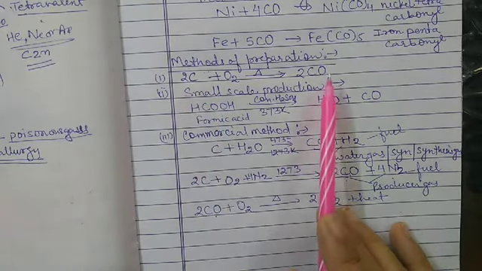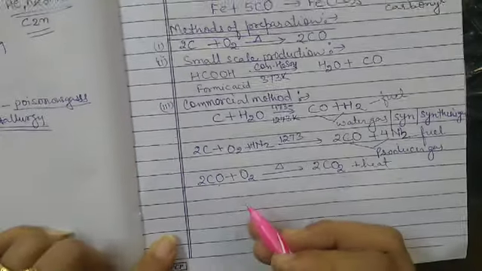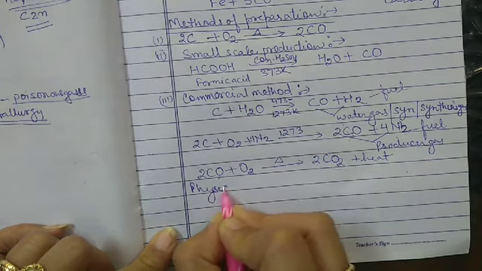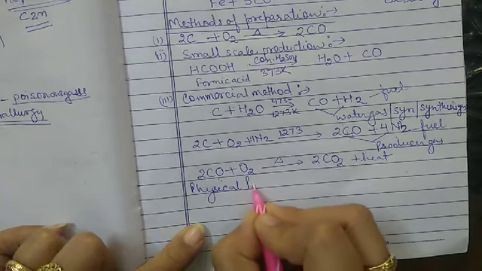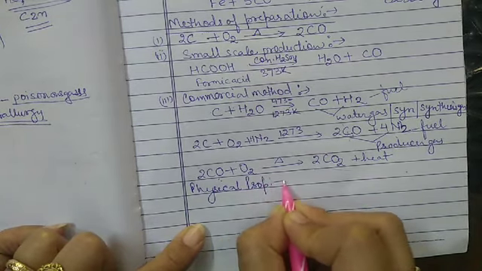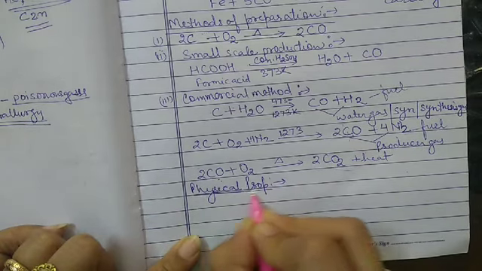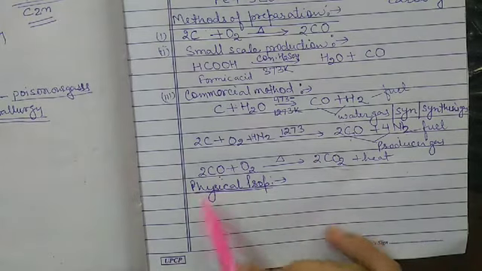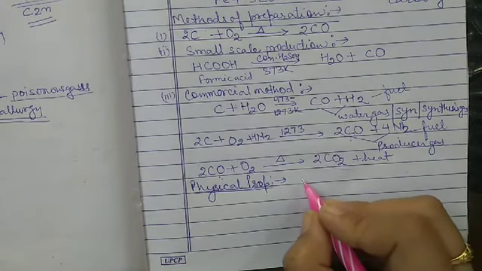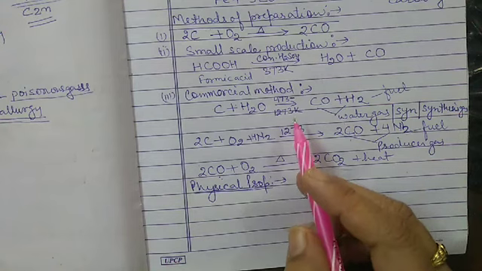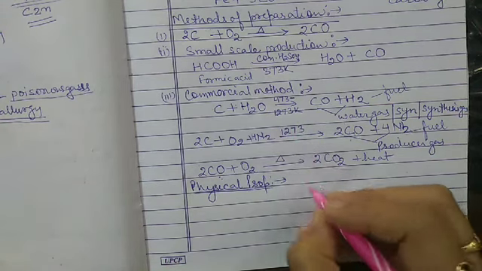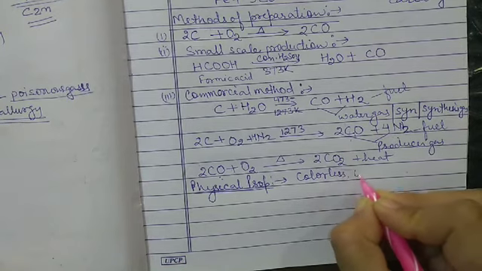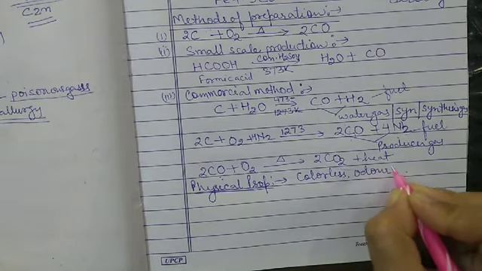Now come to the next topic, that is physical properties. If we are talking about the physical properties of the carbon monoxide, it is a colorless and odorless gas. Odor means smell.